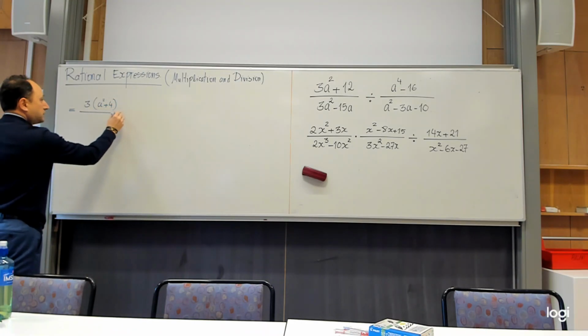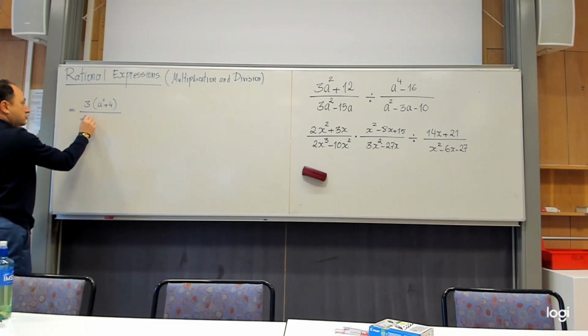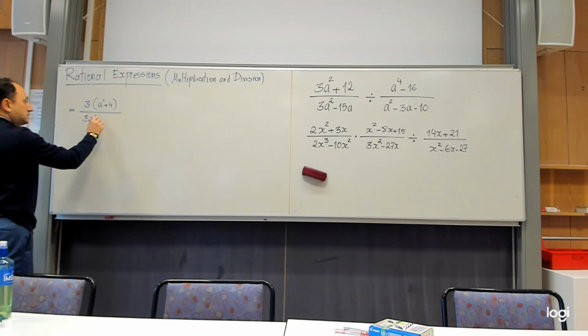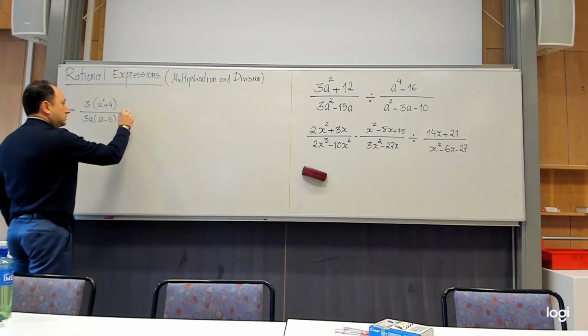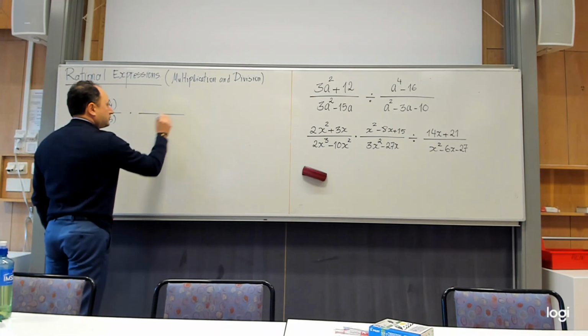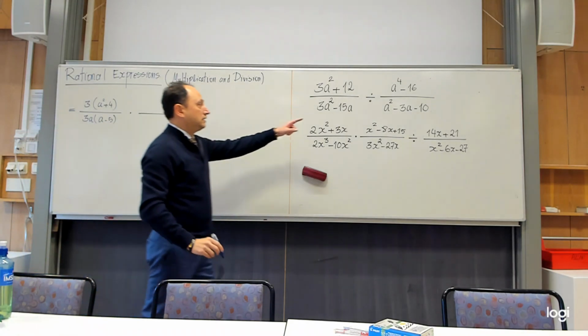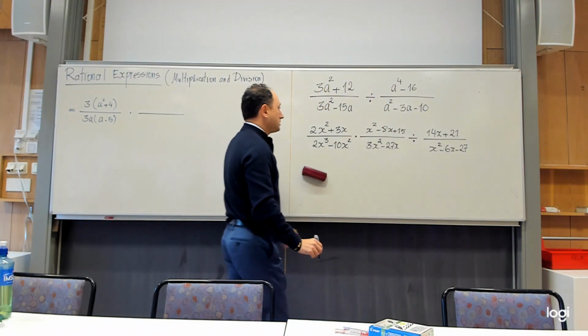And can I do something for the denominator? I can factor a 3a out, then what is left is a minus 5, yes? And I change that to multiplication. And then what I have to do, I need to write this in the numerator and write this in the denominator. Let us consider that one.